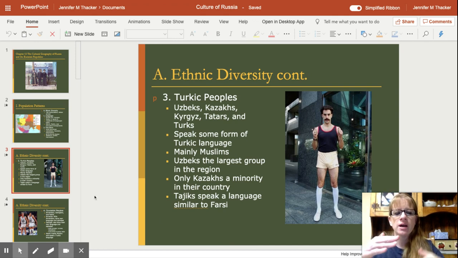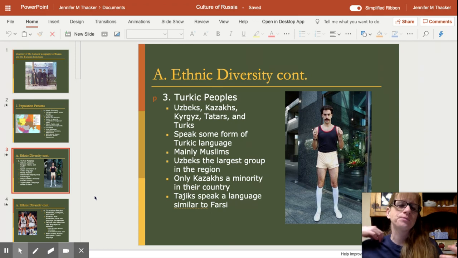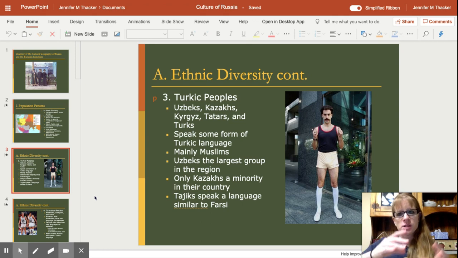So we can see how migration plays an important factor in culture, right? This is a very diverse group of people, and they've come from all over Asia and Russia and even Northern Africa and have kind of settled their cultures in other locations.